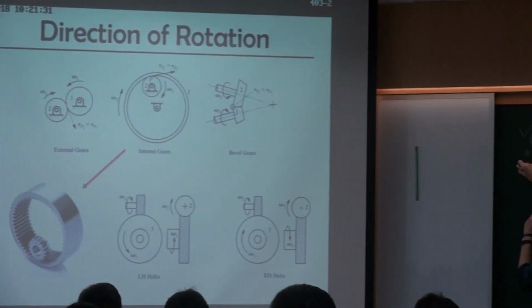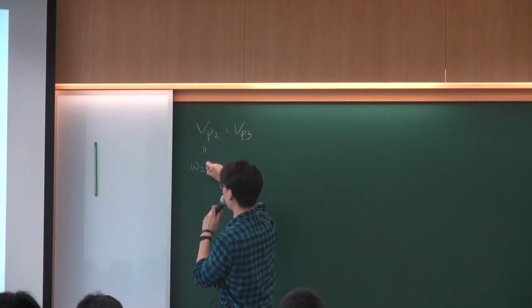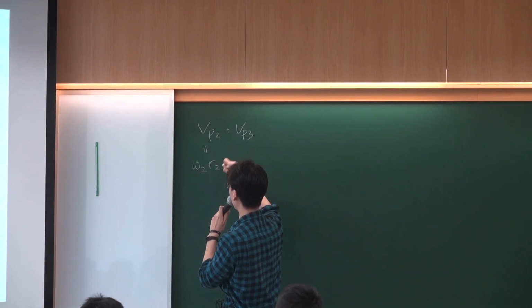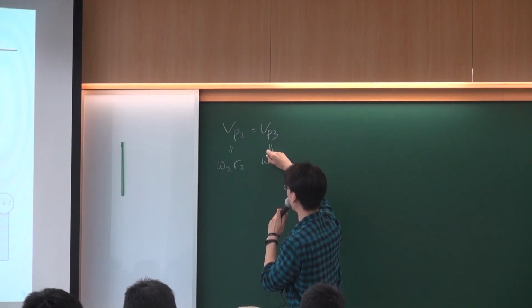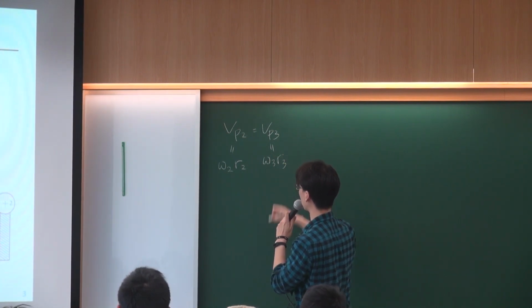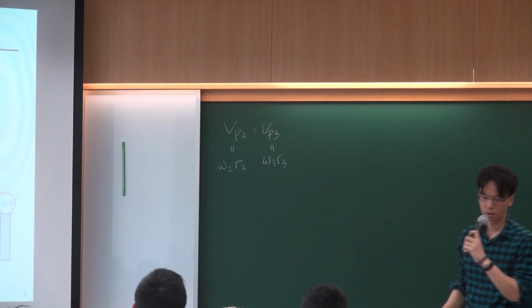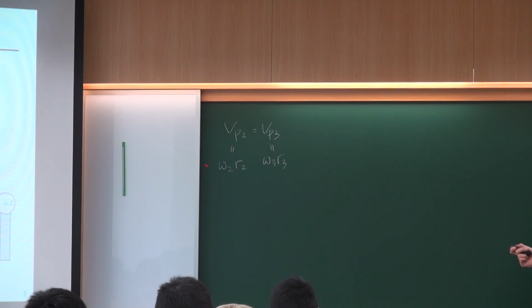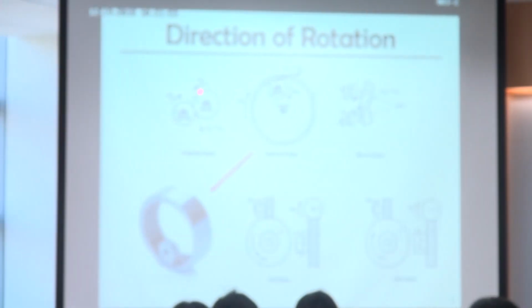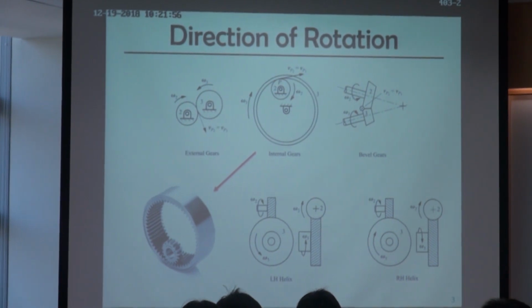VP2 we can express as omega 2 times R2, and VP3 is omega 3 times R3. R2 and R3 are the radii of these two gears, and omega is the rotating speed of each gear.